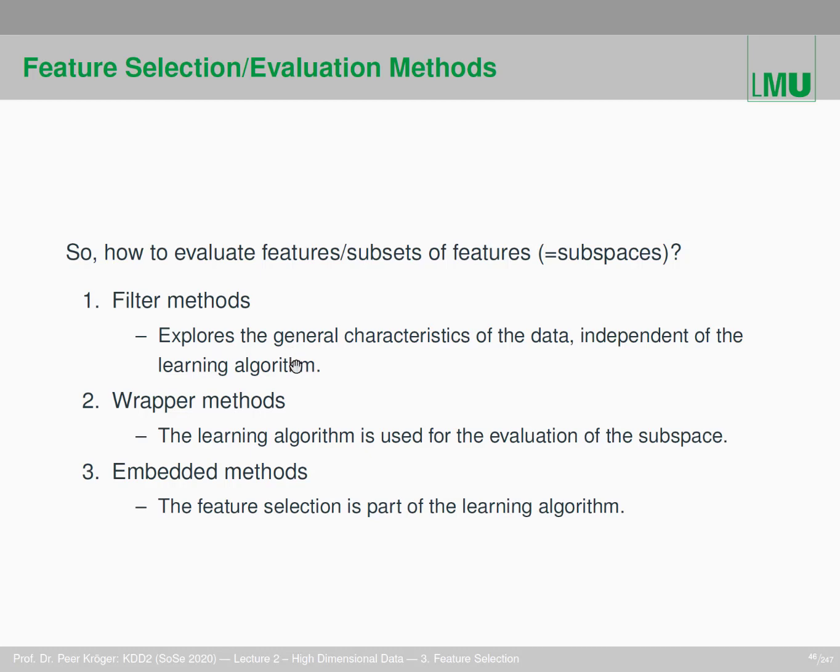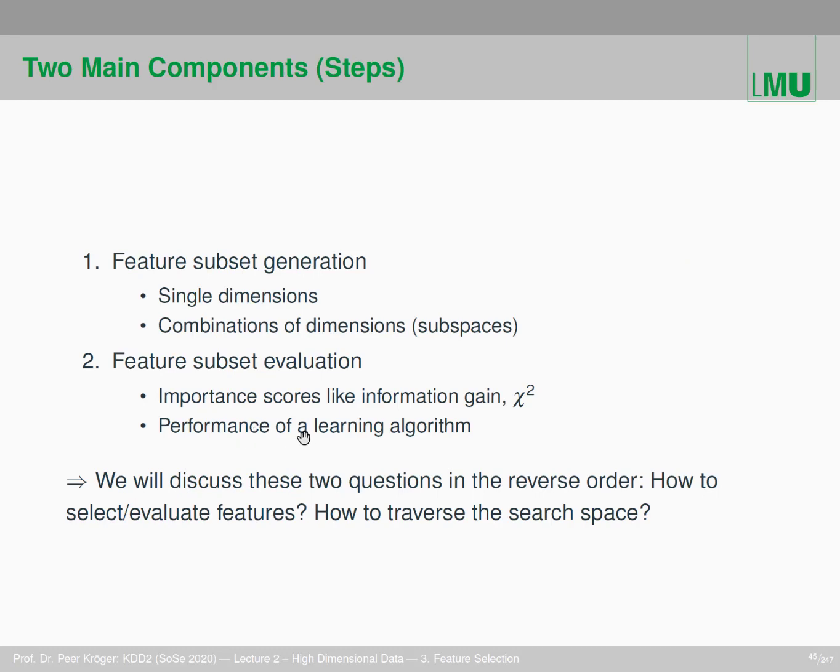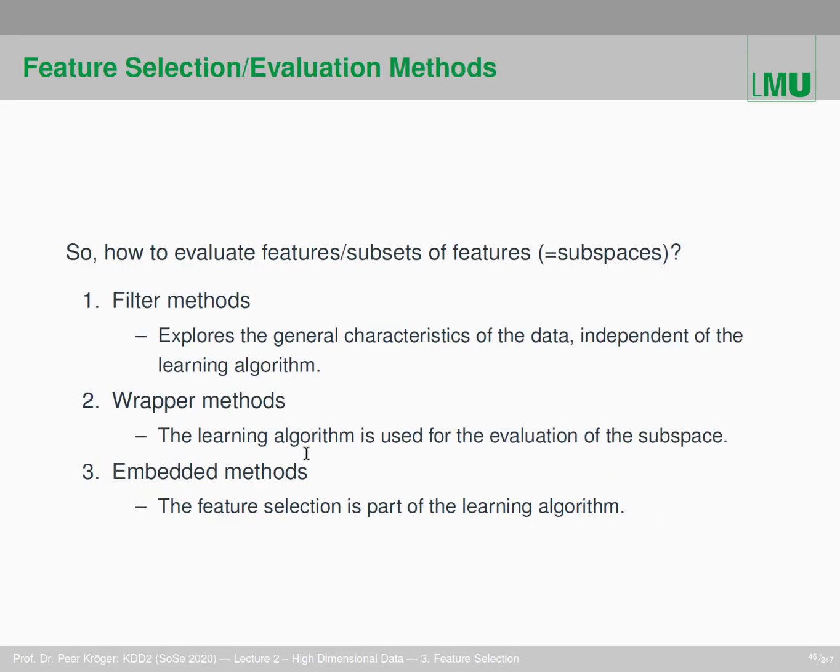The second class are so-called wrapper methods. In that case, you use the learning algorithm to evaluate the subspace. So you somehow still use feature selection as a pre-processing step, but now you evaluate the subspaces you came up with by employing your learning algorithm.